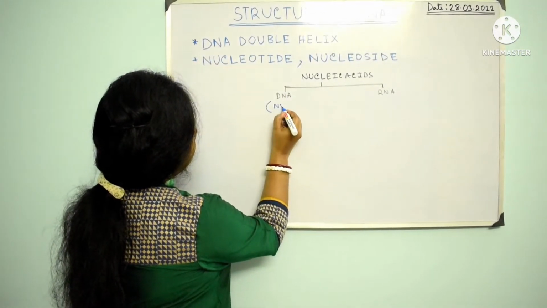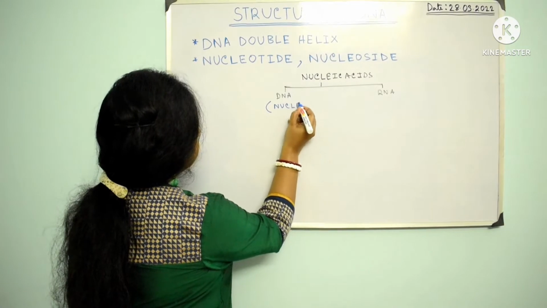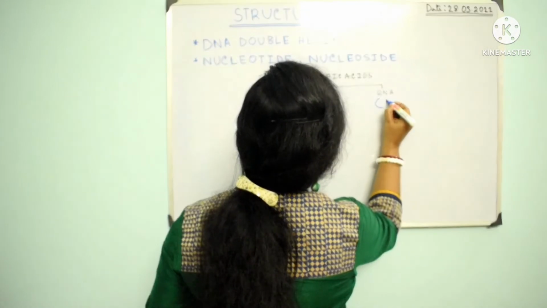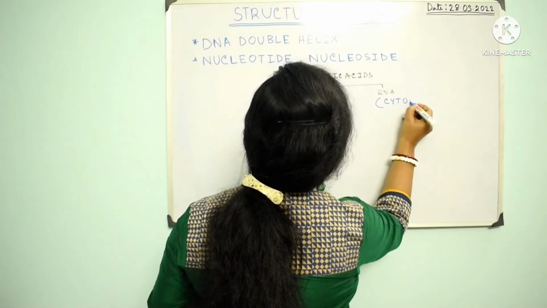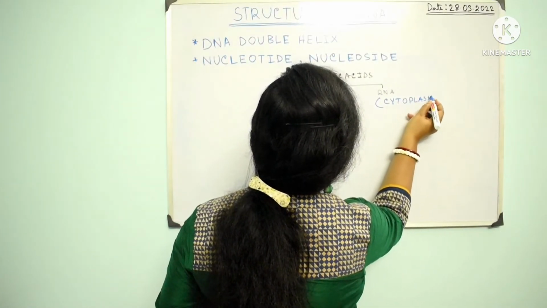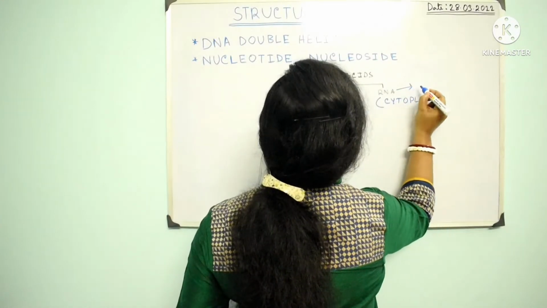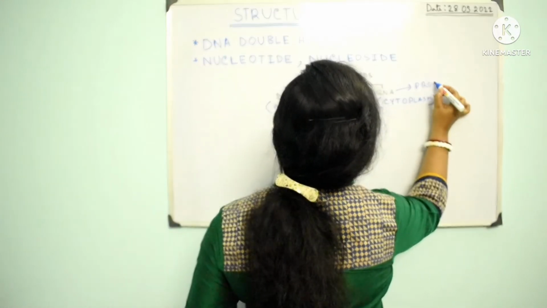DNA is mainly found in the nucleus and RNA is mainly found in the cytoplasm, and RNA helps in protein synthesis.